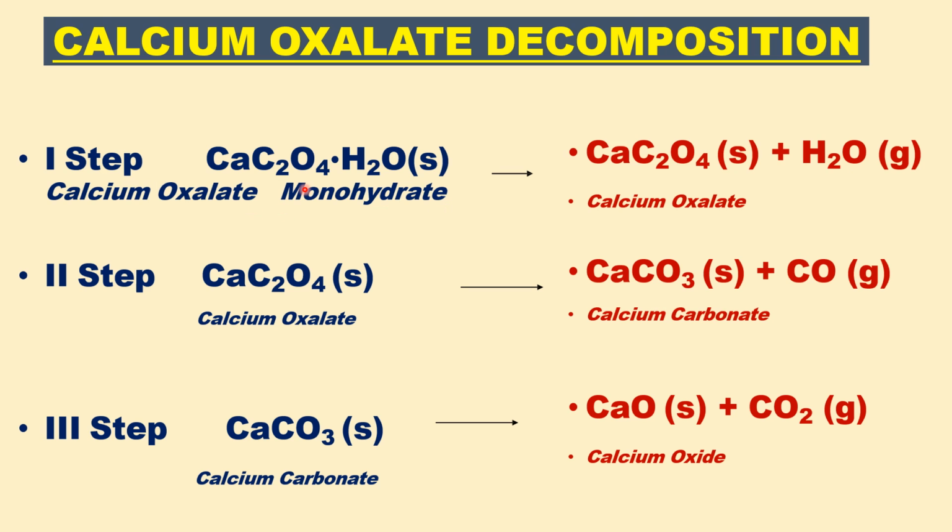In the first step, on heating, anhydrous calcium oxalate is formed by eliminating a molecule of water. In the second step, carbon monoxide is released to give calcium carbonate. In the third step, calcium carbonate is decomposed to give calcium oxide in the solid state plus carbon dioxide gas.